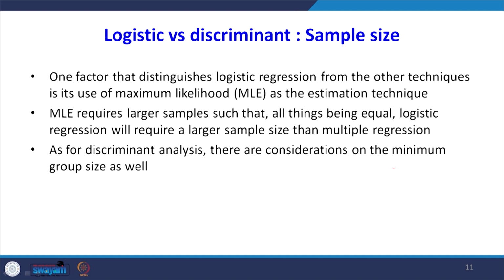As for discriminant analysis, there are considerations on minimum group size as well. Another point, when you go for logistic regression, is that you need to have a large sample size because it follows maximum likelihood estimation, and the value of the maximum likelihood estimate is sensitive to the sample size or degrees of freedom.